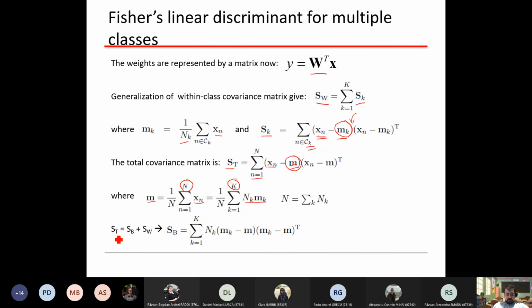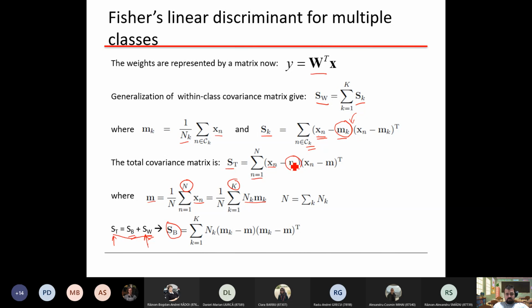And now we know that the total variation is the sum of the between class variation and the within class variation, and therefore SB, the between class variance, is the difference between the total variance and the within class variance.